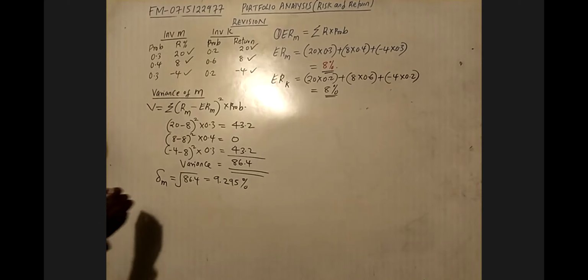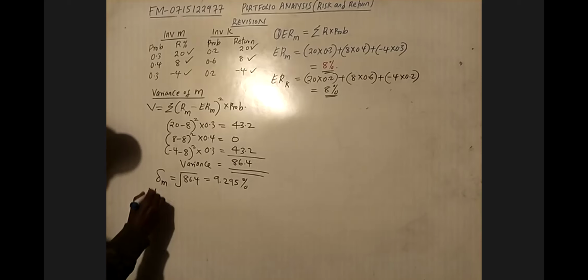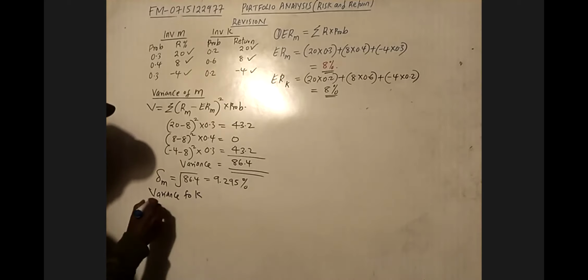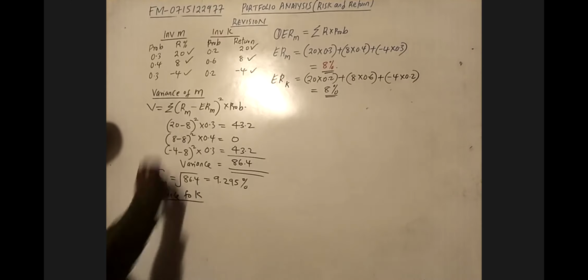We can do the variance for investment K. We use the same formula there, as you can see.